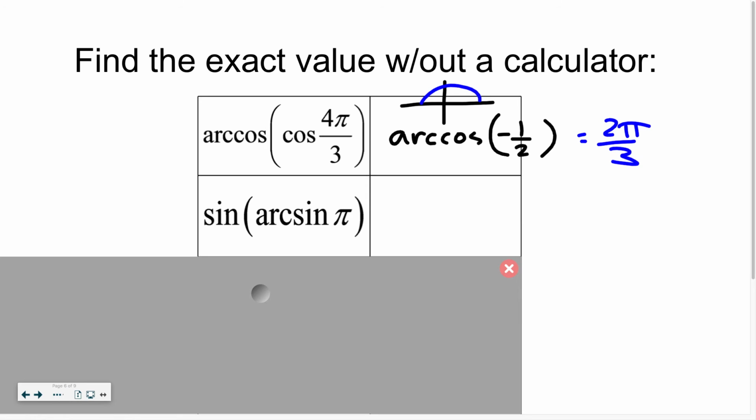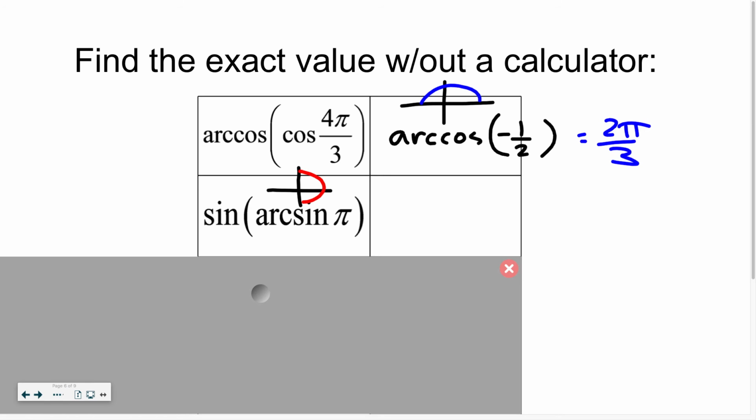Okay. All right, sine of arc sine of pi. Arc sine of pi. What angle from negative pi halves to pi halves has a sine of pi? There isn't one.